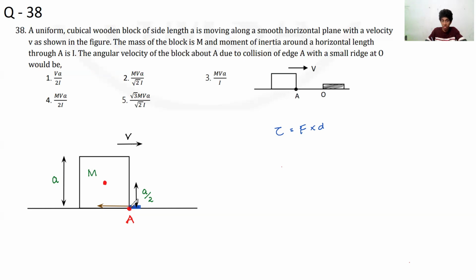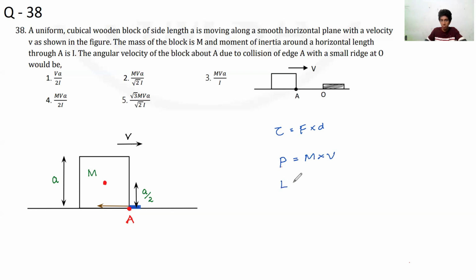Therefore, as no torque is applied during the collision, the angular momentum of the wooden block about point A should be conserved. Therefore, the angular momentum of the wooden block about point A before the collision should be equal to the angular momentum of the wooden block about point A after the collision. So now let's consider the linear momentum P of the wooden block before the collision. That is equal to m times v.